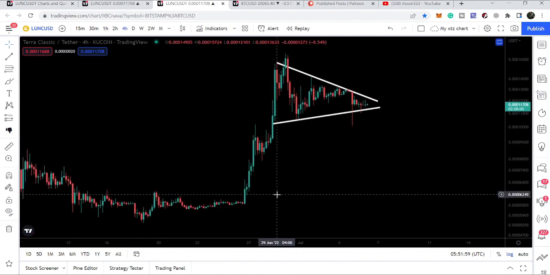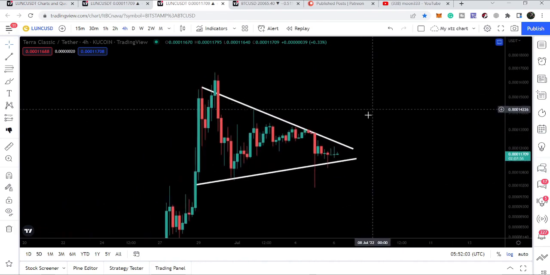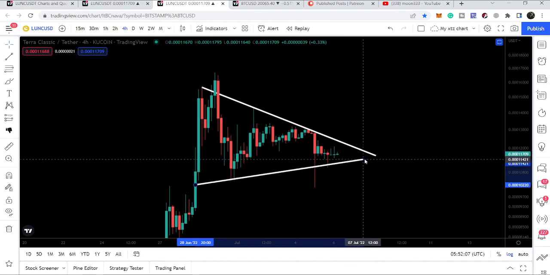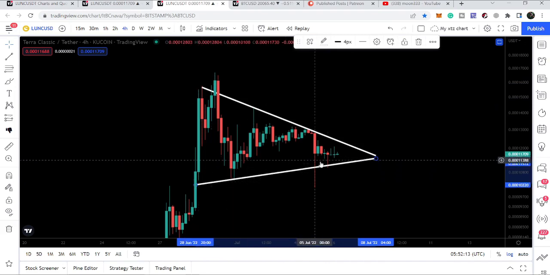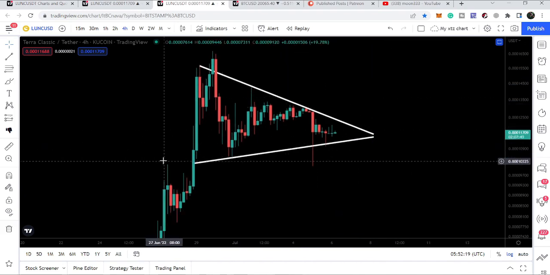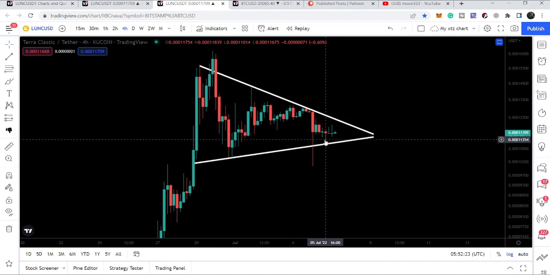It is also very nicely visible on this 4-hour time frame chart, and you can see that we are having more touch points. That is a very nice thing over here, that we are having more touch points at the resistance than at the support. That is signaling that we can break out this resistance of the symmetrical triangle. And right now we are moving at the center of this triangle after testing this support once again.